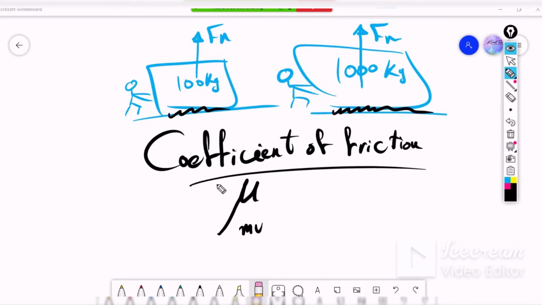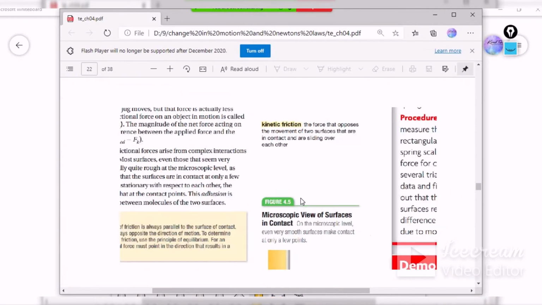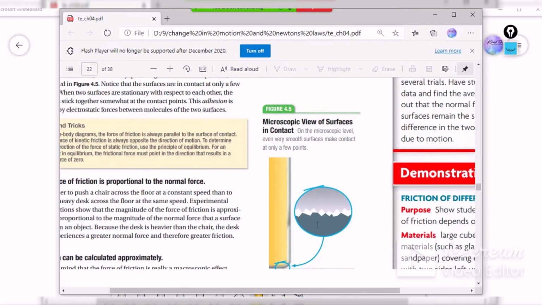Okay, and this number will be different for the coefficient of static friction and the coefficient of kinetic friction. If you look in your book, you can find a table that explains the coefficients of friction for some surfaces, and it depends on the surface.